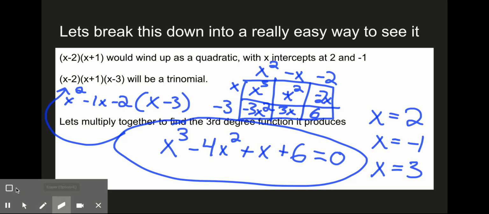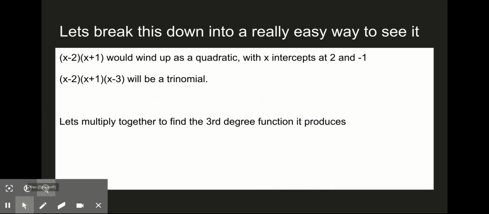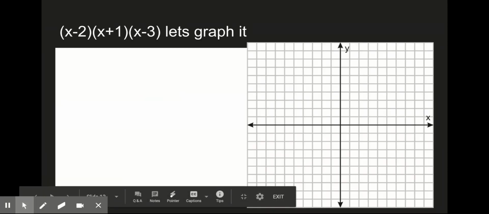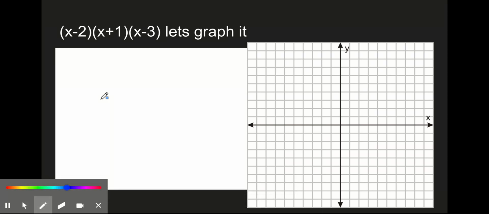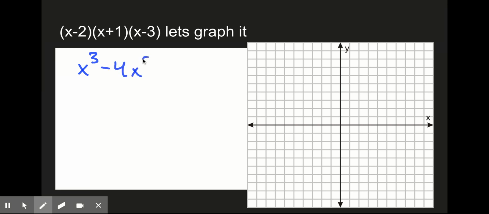So let's move to the idea of what it would look like to actually graph something like this. I know those are x-intercepts, but I want you guys to think about if I go back to having it in this form here, x cubed minus 4x squared plus x plus 6.